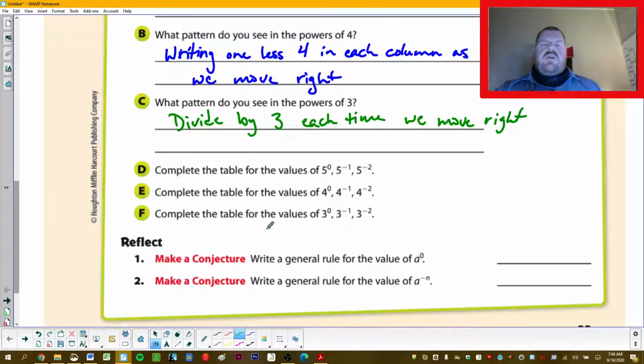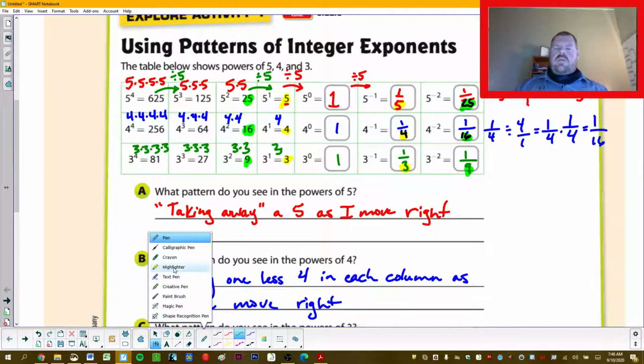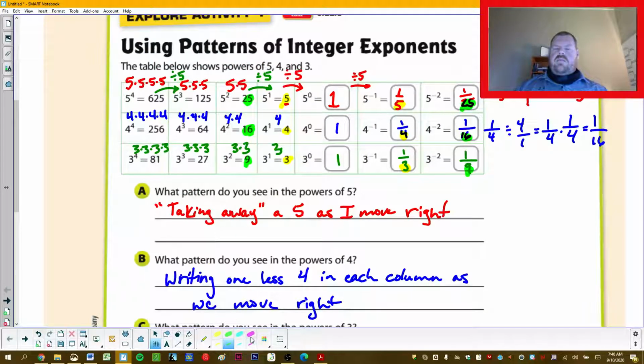So here we want to think about general rules, because everything in math we want to get to some kind of a rule that we can then reuse. And the rule that we're trying to write is for a to the 0 power. Anything to the 0 power, what did that end up being? Well, my 0 powers happened right here.